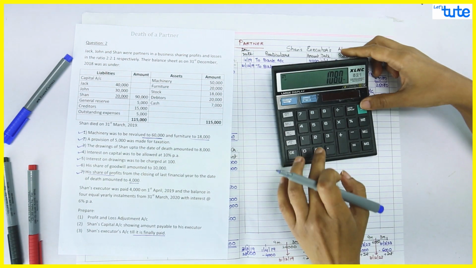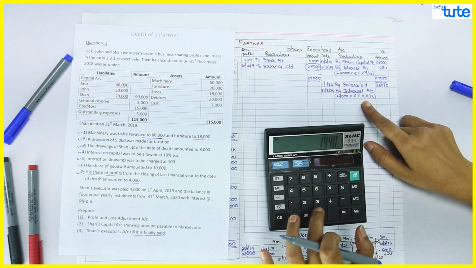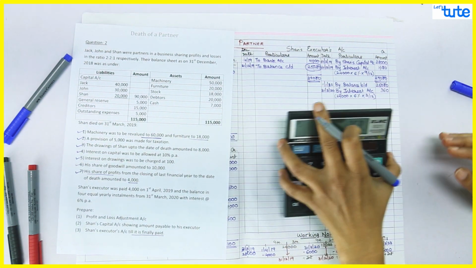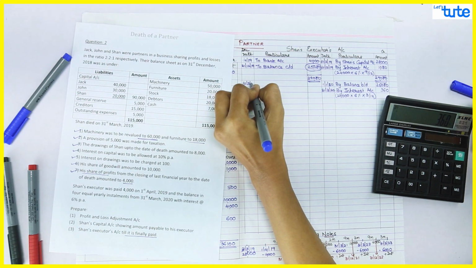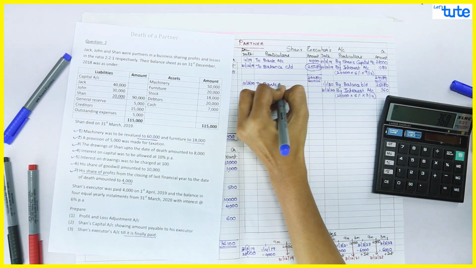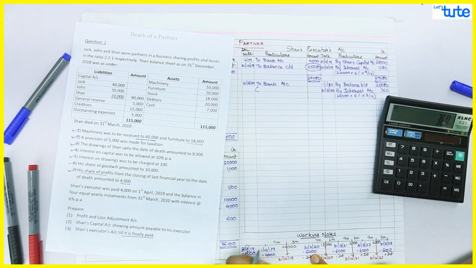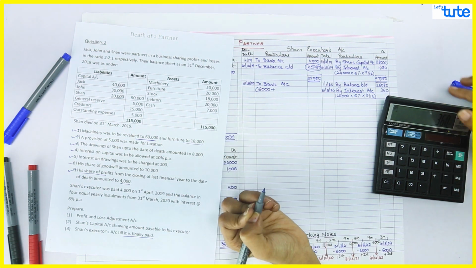So now this would be 24,000 into 6% into 3/12. So that comes to 360. And on that date, we'll pay the installment, 31st March 20, to bank account. Now in the installment, first of all, we'll pay the 6,000 equal installment plus we'll pay interest.